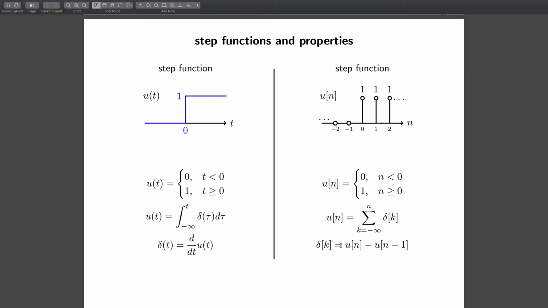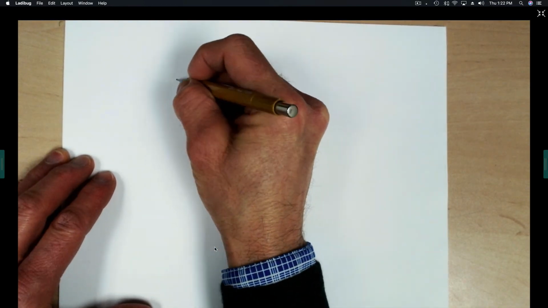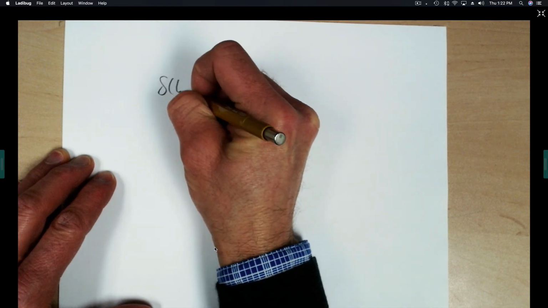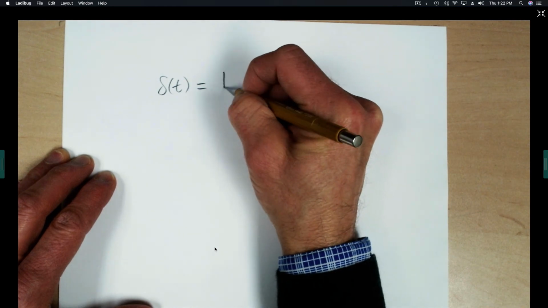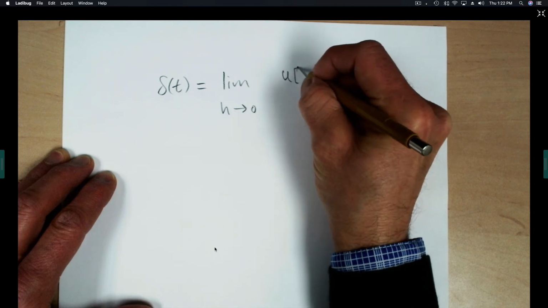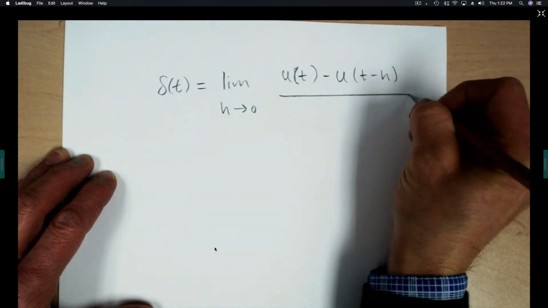You could think of time differences in discrete time as being analogous to the derivative property in continuous time. In fact, if we write the derivative property in continuous time, we have delta of t equal to the limit, as say h goes to 0, of u of t minus u of t minus h divided by h.